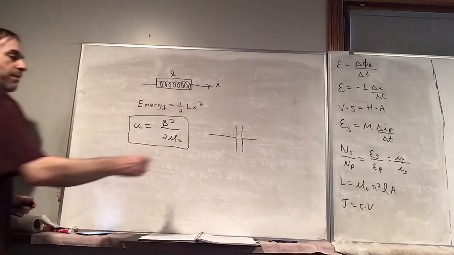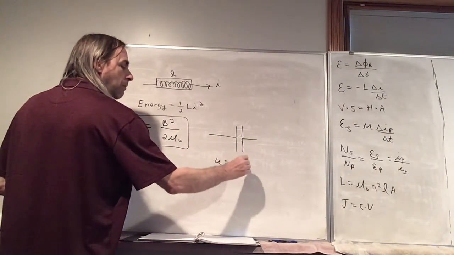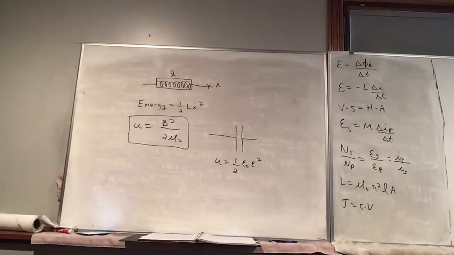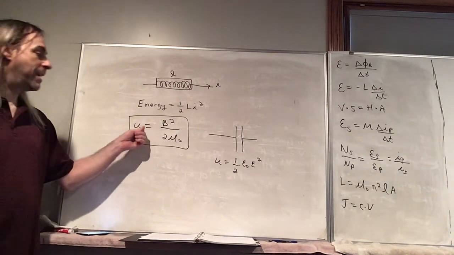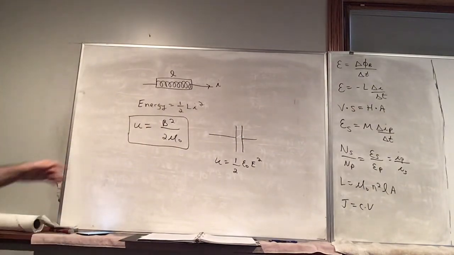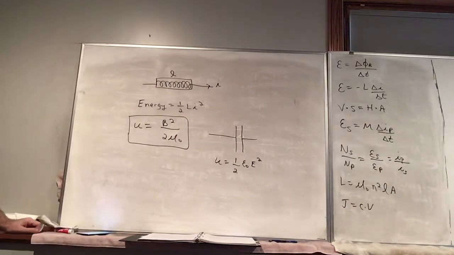So in the case of electric fields, the energy density was 1/2 epsilon naught E squared. For magnetic fields, we have 1 over 2 mu naught times B squared. In both cases, the energy density is proportional to the field squared.